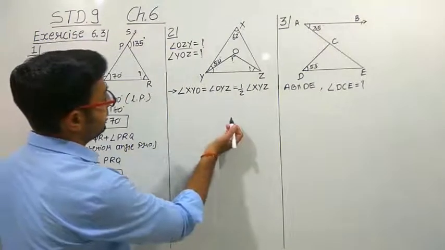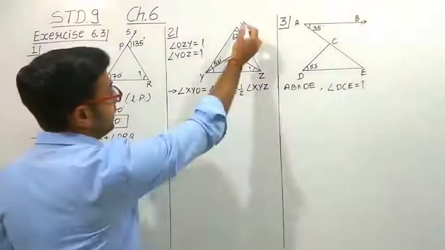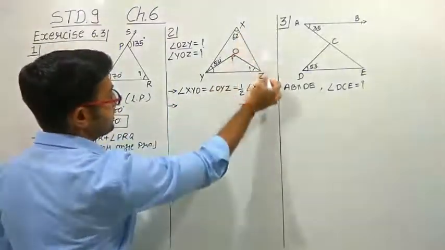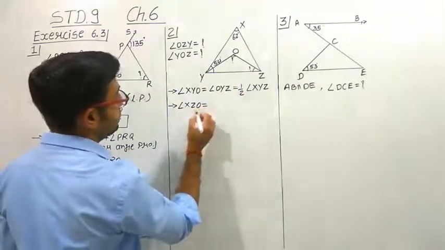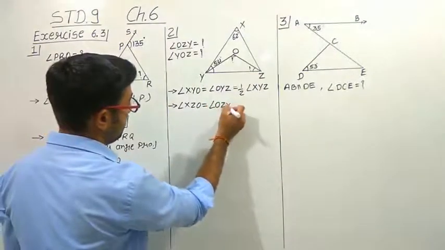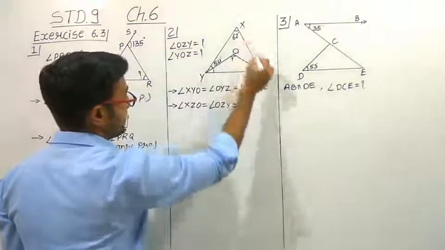One more thing given is that OZ is also the angle bisector of angle XZY. So here also we can write that angle XZO is equal to angle OZY, and that is equal to 1/2 of angle XZY.